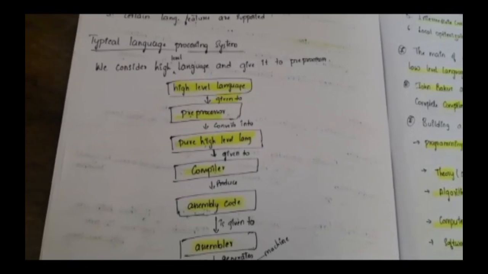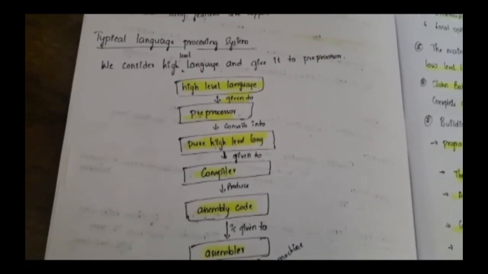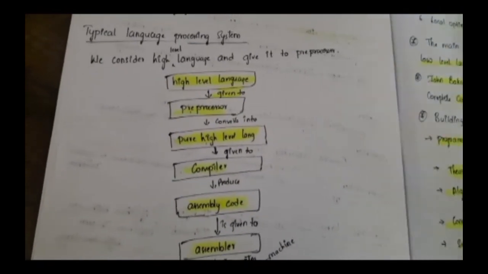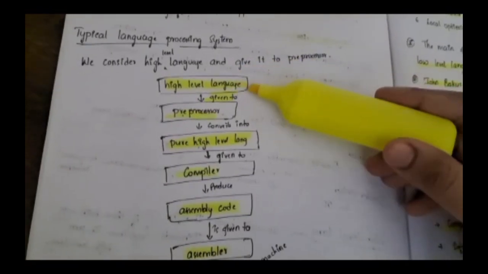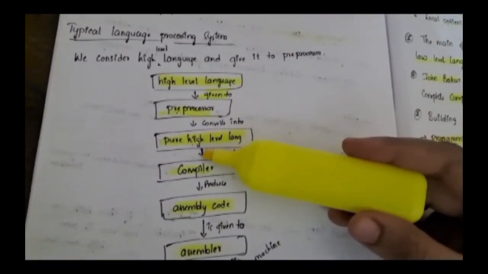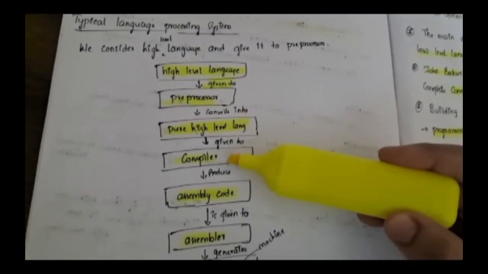Next, we'll be discussing the typical language processing system, meaning how we convert a high-level language to executable code. The process is very simple. First, the high-level language is given to the preprocessor, which converts it into pure high-level language, which is then given to the compiler that produces assembly code.